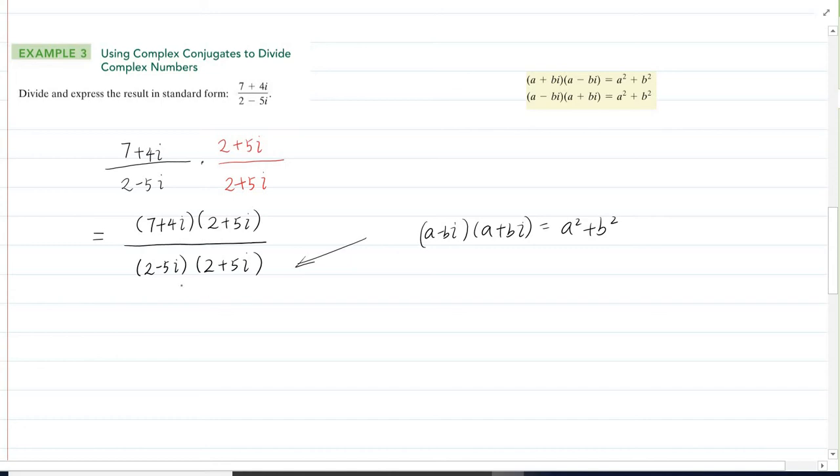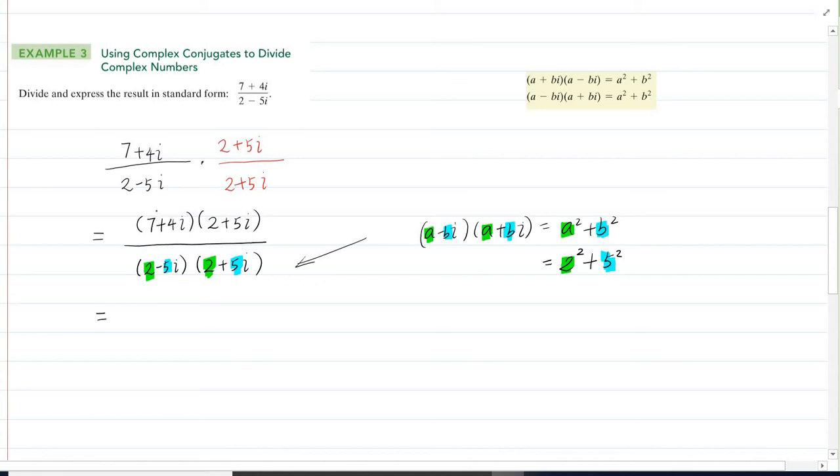In this case, if you compare, your a is 2, and then your b is 5. You only look at the real number part. So let's go ahead and color it. Hopefully that will help you to distinguish the numbers.